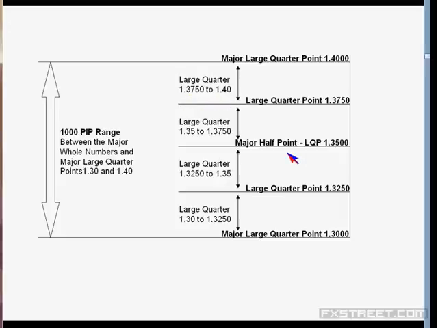The major half point coincides with the large quarter point at $1.35, and $1.30 and $1.40, the major whole numbers that define the 1,000 pip range, are also called major large quarter points.